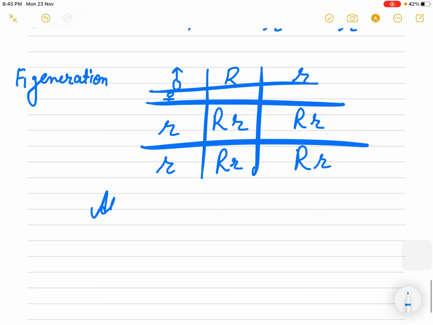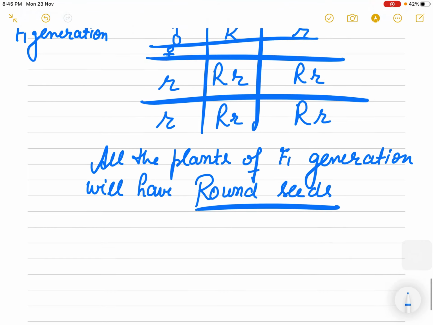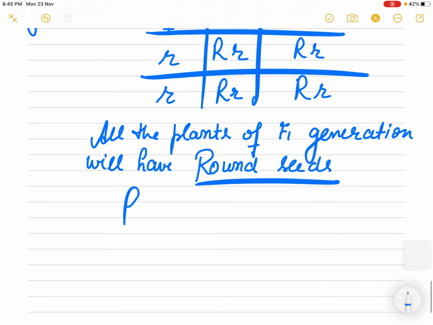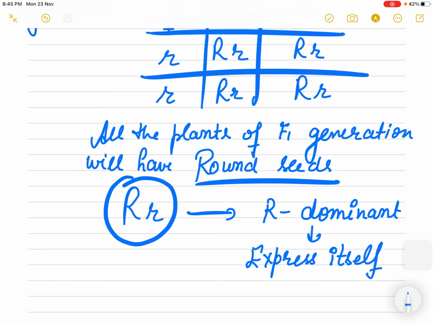So all the plants of the F1 generation will have which type of seeds? Round seeds. Because as you can see, all the plants are in the heterozygous condition, and in the heterozygous condition, because R is dominant, it will express itself, and this law is called the law of dominance.